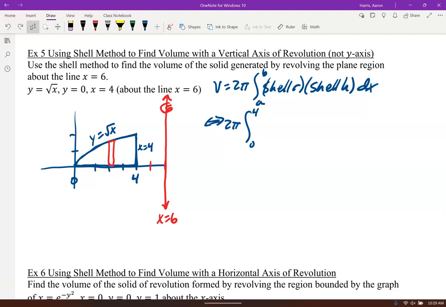Okay, so here, what we have is our radius of this being spun. That's our radius. And so it's right minus left. X equaling 6 minus, remember this distance is x, so 6 minus x. That's our radius.